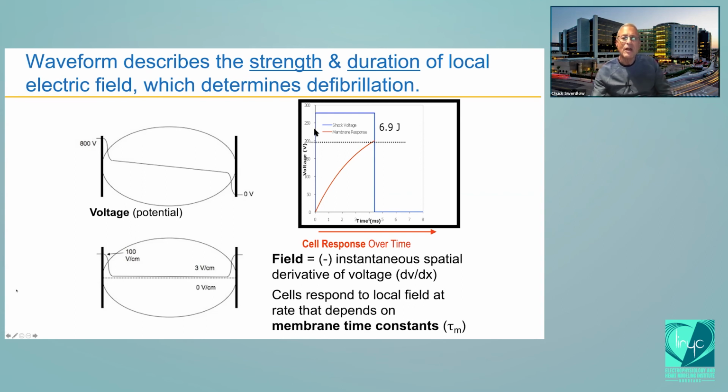This is an experiment where the voltages were lower than in typical defibrillator shocks, but you can apply 200 volts, 400 volts, 10,000 volts. The defibrillator will apply that voltage, but the membrane cannot respond any faster than its biological time constants determined by the ion channels in the membrane.